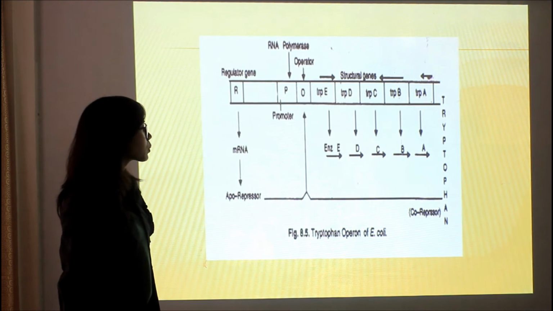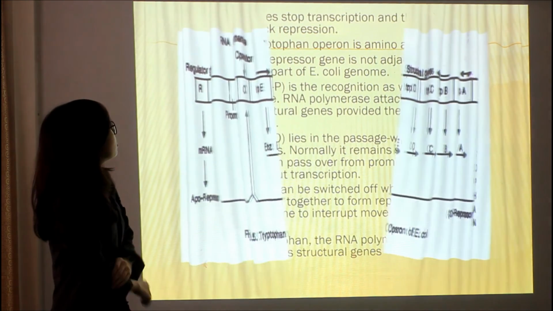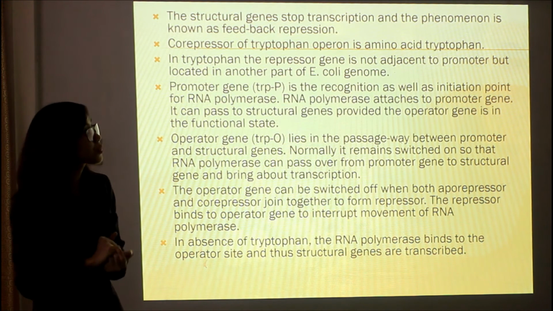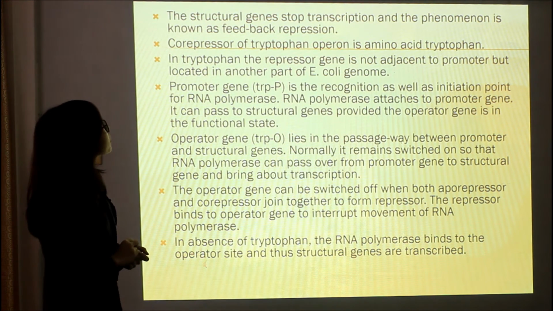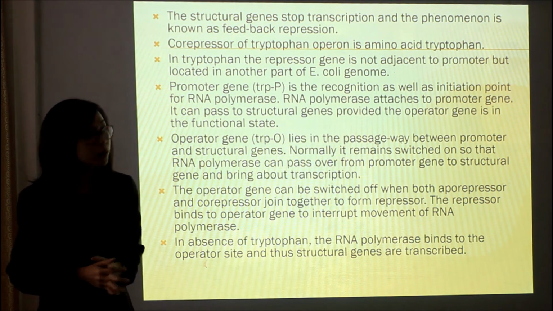So that is the tryptophan operon of E. coli. The structural genes stop transcription, and the phenomenon is known as feedback repression.